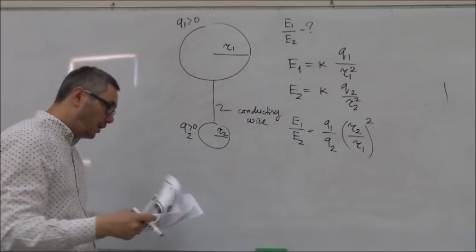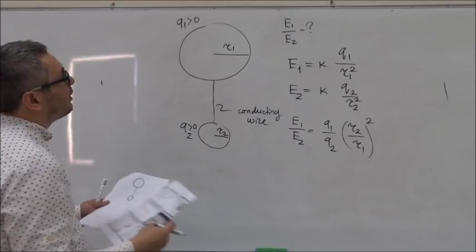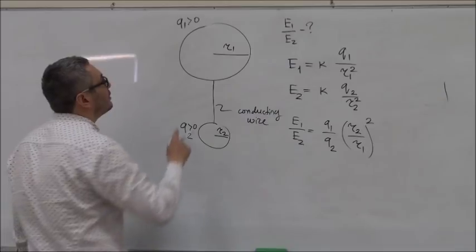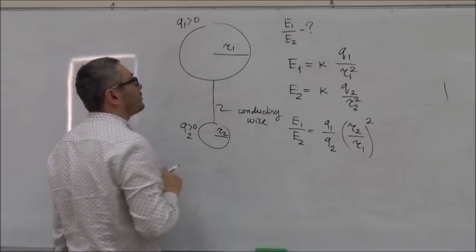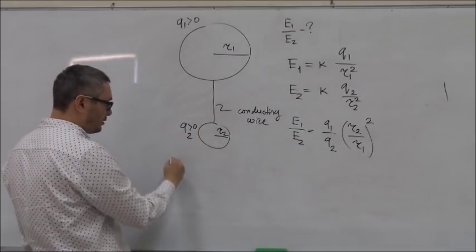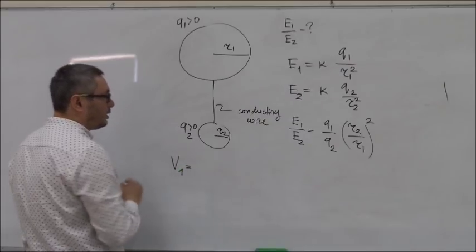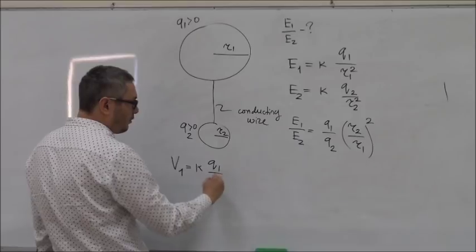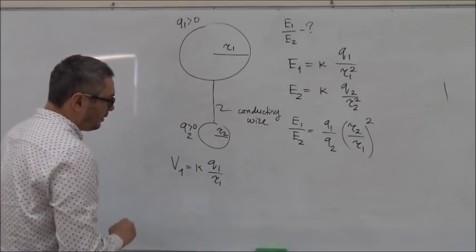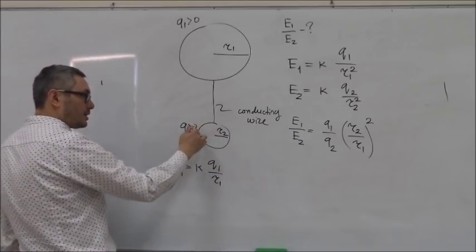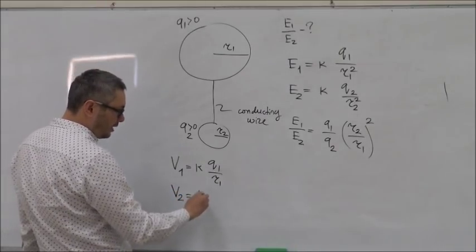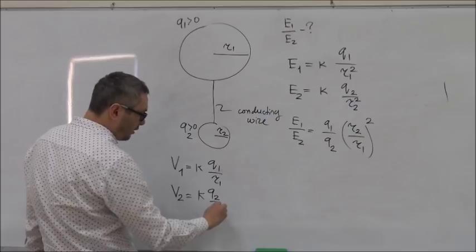Well, we also know from the previous example that the electric potential on the surface of the first sphere, let's call it V1, is equal to kq1 over r1. The electric potential on the surface of the second sphere is V2, equal to kq2 over r2.